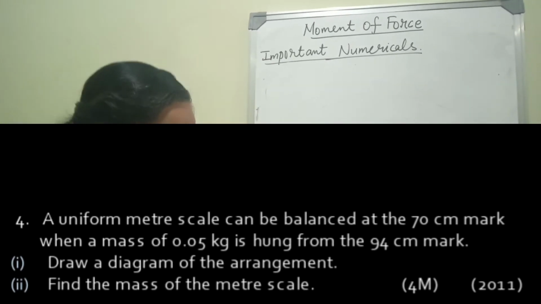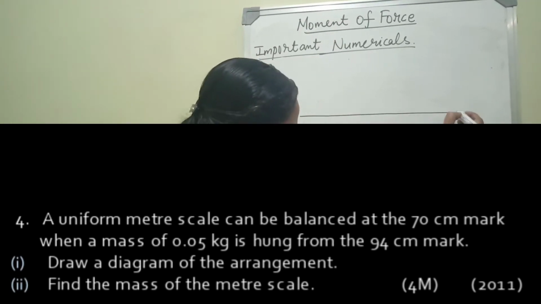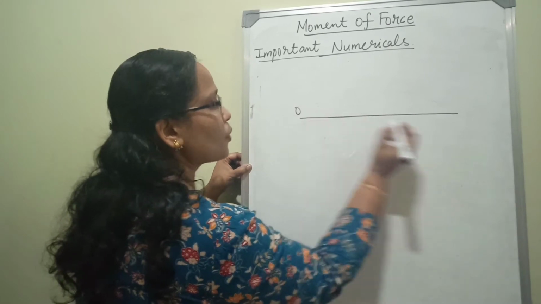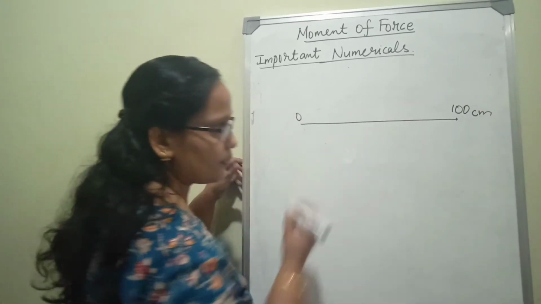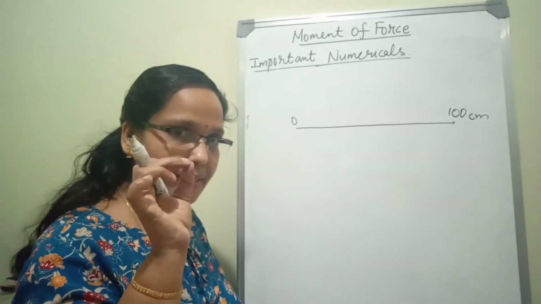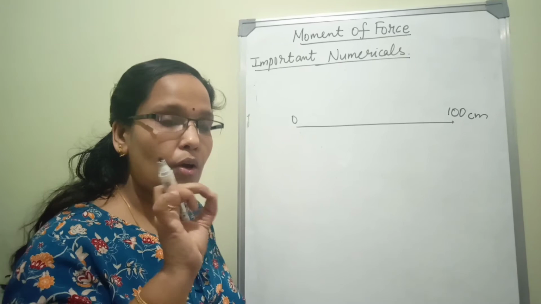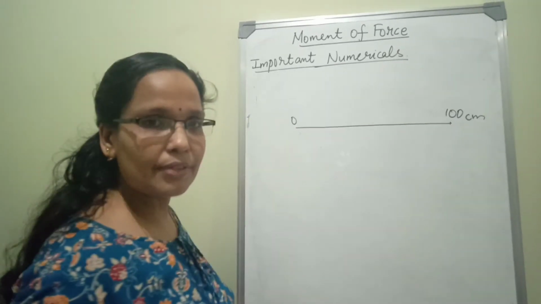A uniform meter scale, so the meter scale should be 1 meter. So we will mark 0 and on this side 100 centimeter. When you get a question, listen and understand whether it is a meter or half meter. Half meter means we have to take only 50 centimeter.